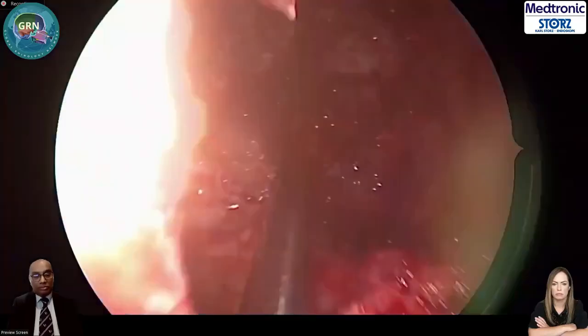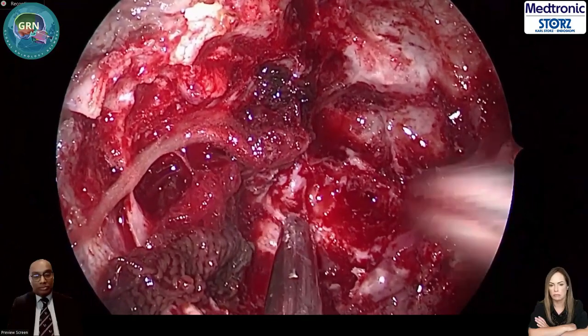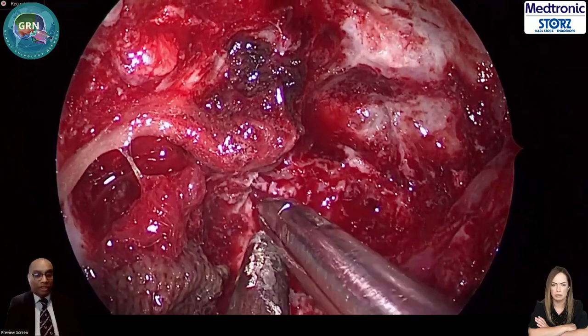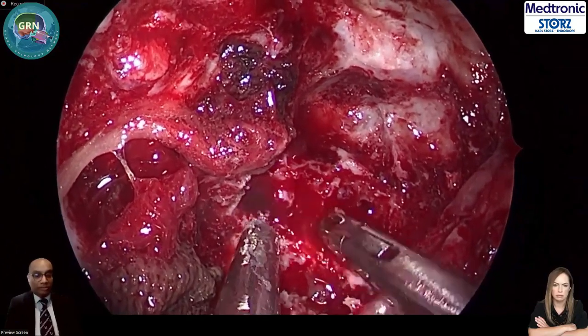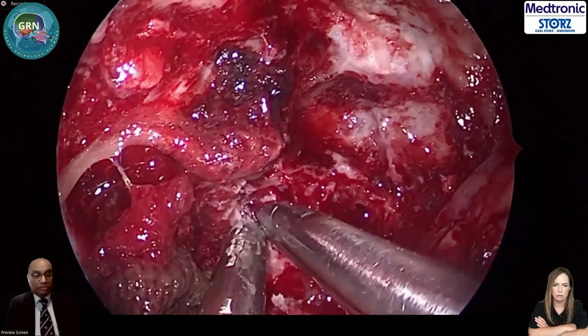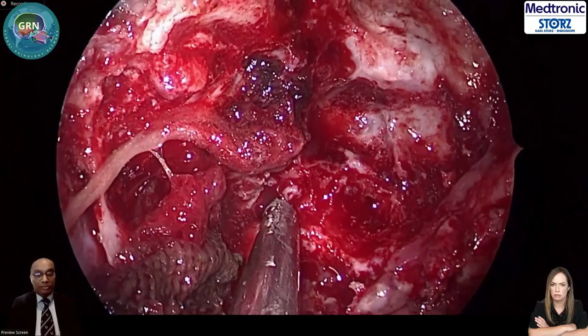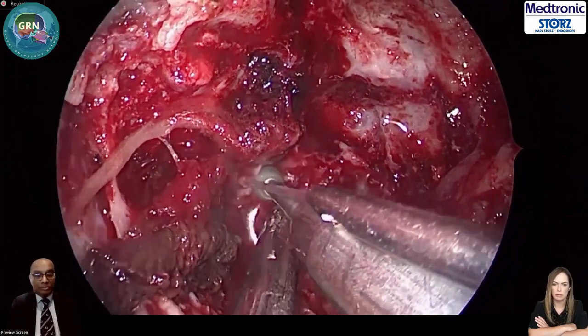Give me a black sleeve. You see how that small bit of tumor was sitting right inside, hiding itself. See that? Drill. And I think that is sitting very close to the foramen lacerum, but of course not involving the foramen lacerum.